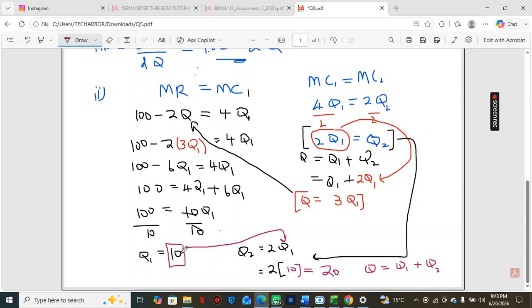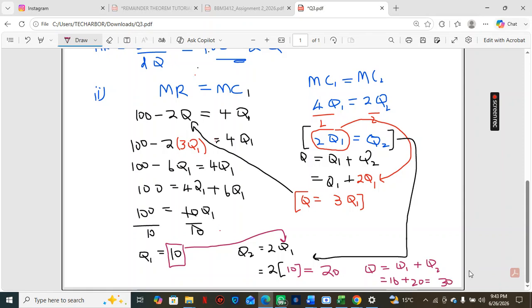So this Q1 is the profit maximizing quantity for facility 1. This Q2 is the profit maximizing quantity for facility 2. So the overall profit maximizing quantity for both facilities is 10 plus 20, that gives us 30 units.